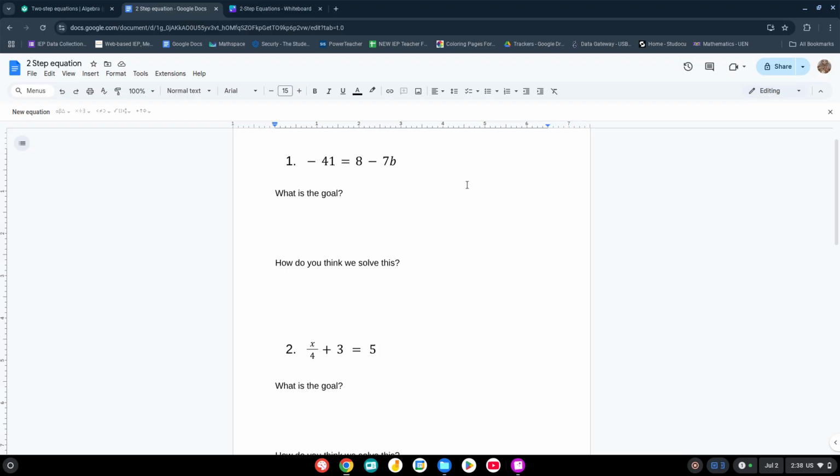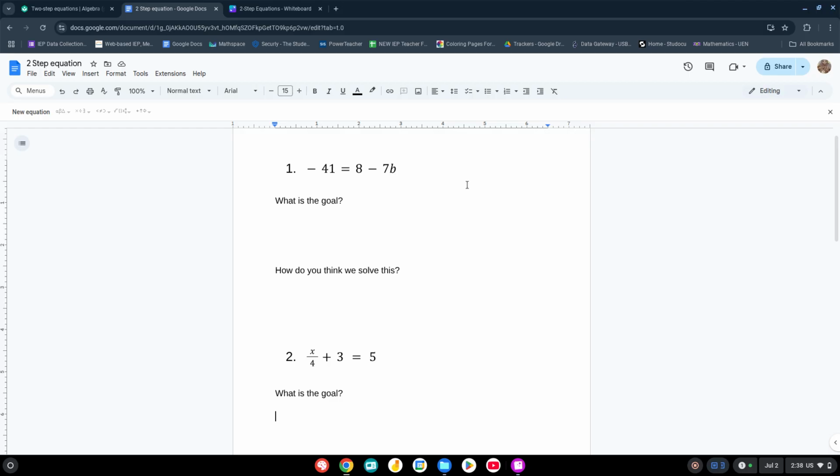One thing I'm going to hope they're discovering is that now that there are two integers on one side of the equation, we have to decide which thing we are going to do first, because with order of operations, we know that if you don't do something in a certain order, you can get a different answer. That's the one thing that I hope we would talk about, or that they would be thinking about.